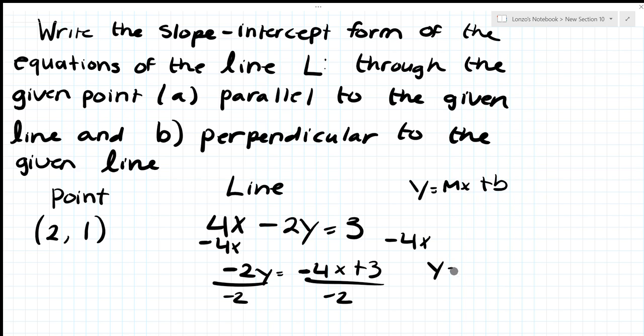So I get y equals, 2 negatives becomes a positive, so that's 2x. And then 3 divided by negative 2, because we have to divide everything, is negative 3/2.